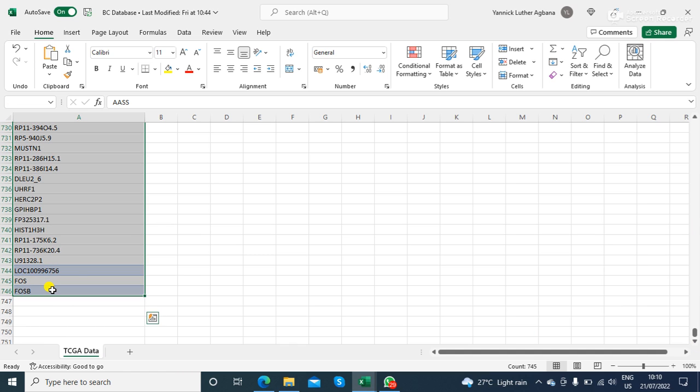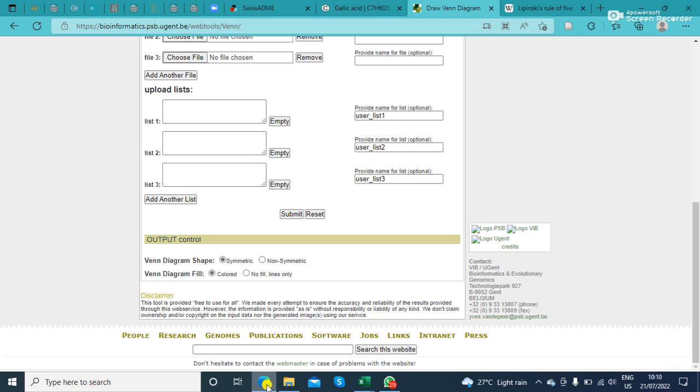Shift, click, and we can copy everything. So this will be our first list. We come here on this platform, and in list one we just paste, Control V, paste.